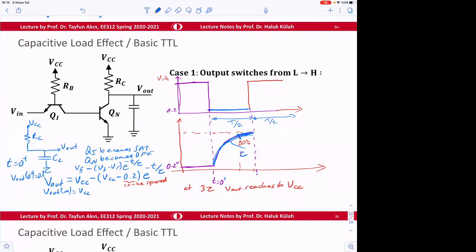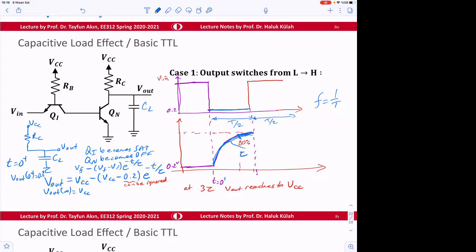So therefore, you can find the maximum frequency of operation, 1 over t. Okay, so if these delays basically determine your switching speed, if the delay is high, then this cannot switch very fast. Therefore, your computer or your microprocessor cannot operate fast. Is that clear? Yes, it is.